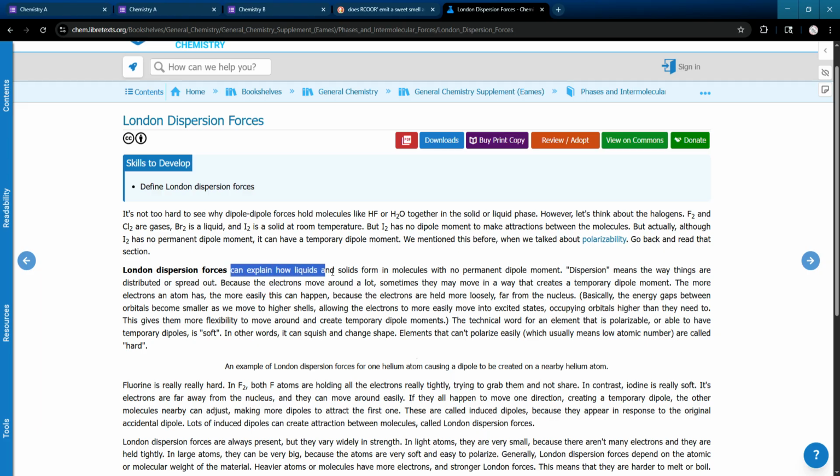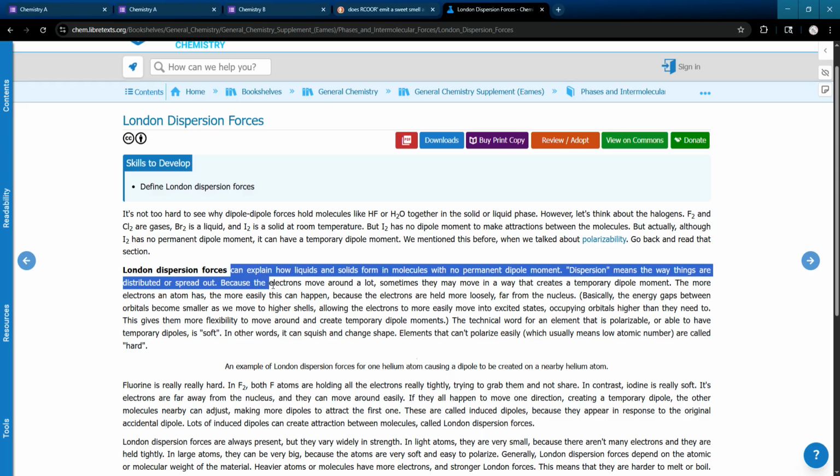Can explain how liquids and solids form in molecules with no permanent dipole moment. Dispersion means the way things are distributed or spread out. Because the electrons move around a lot, sometimes they may move in a way that creates a temporary dipole moment.